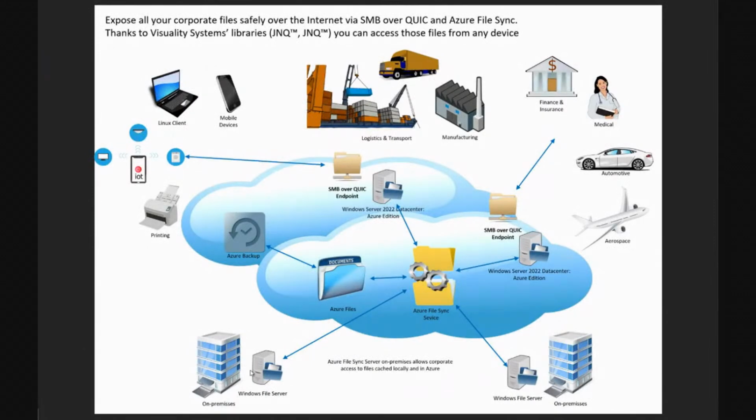So actually, if you have your file servers on premises and you set up Azure File Sync, your files from your offices or data centers get synced to the cloud.